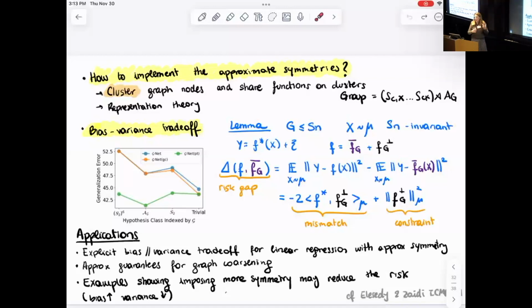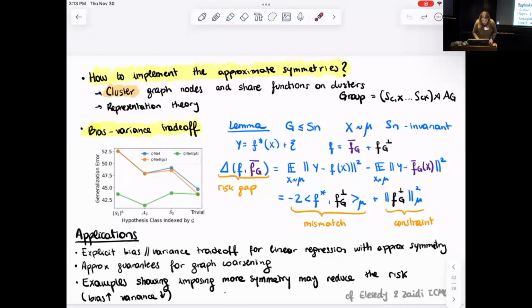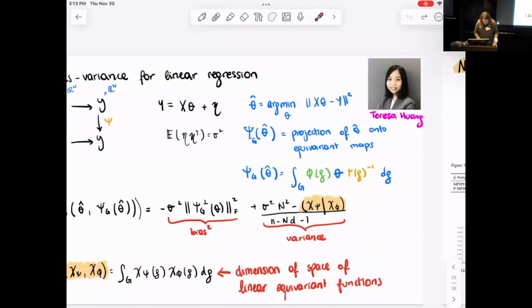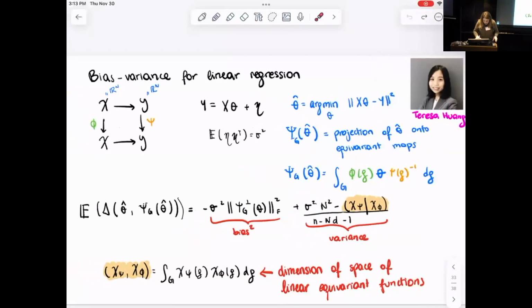And the way she would implement something like that is, if you have a graph, you can do clustering of the nodes of your graph, and then use different message functions for different clusters in your graph, for instance. That could be one way of doing it. And then she has some specific expression for a linear regression case, where you can compute the risk in closed form.